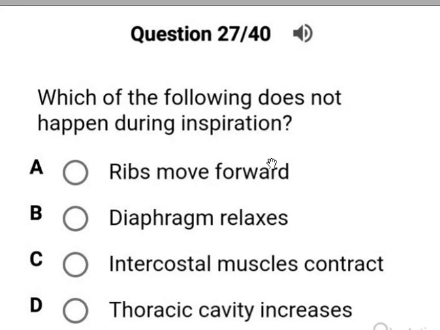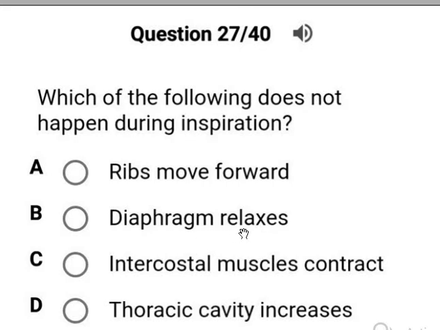The next question is 27. Which of the following does not happen during inspiration? Ribs move forward, diaphragm relaxes, intercostal muscles contract, thoracic cavity increases. The best option here is diaphragm relaxes.